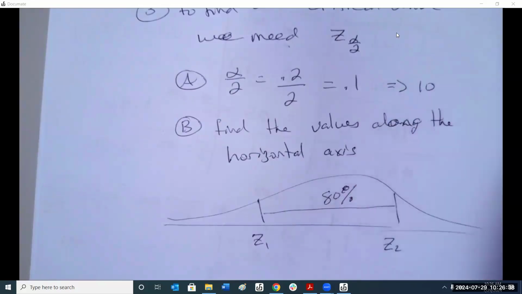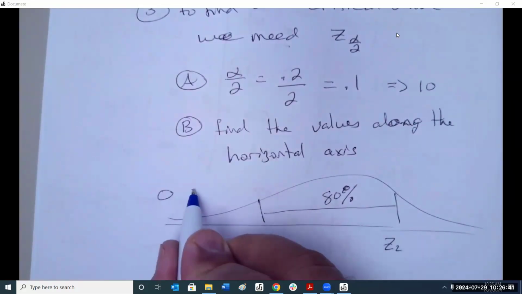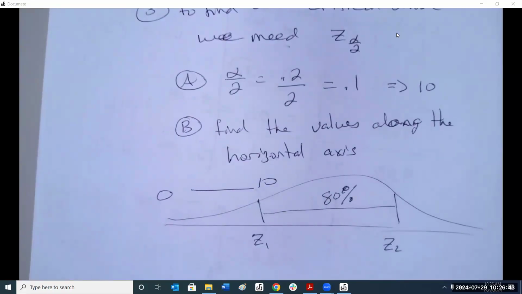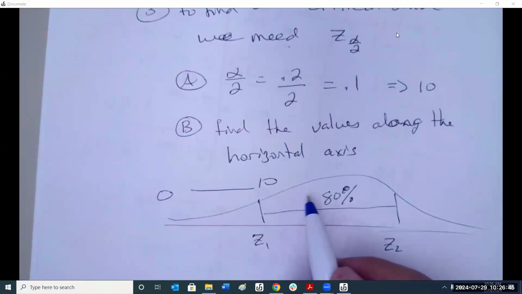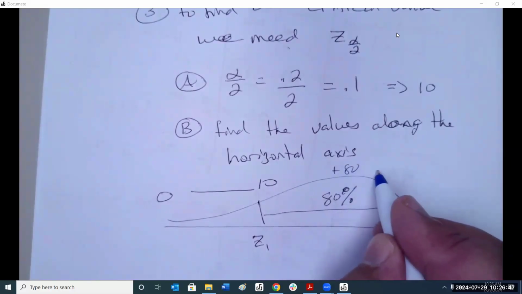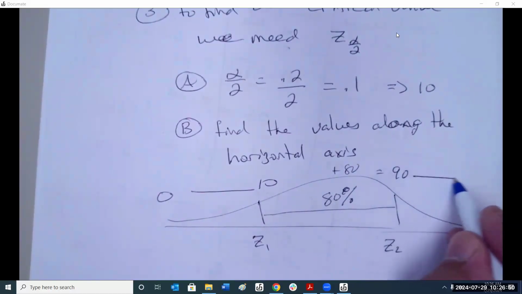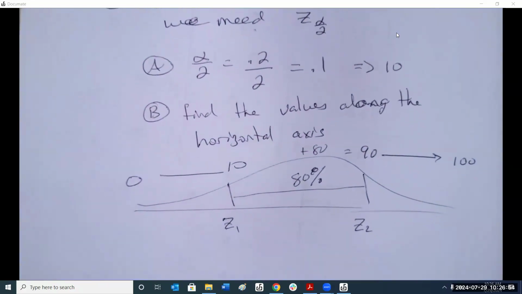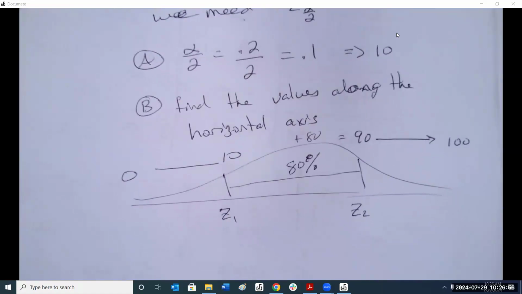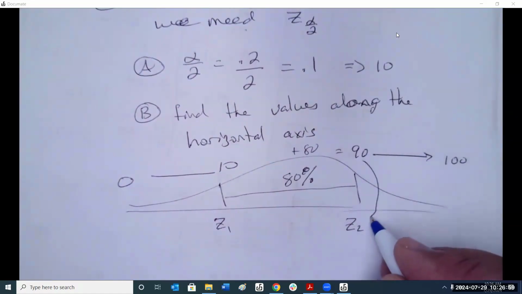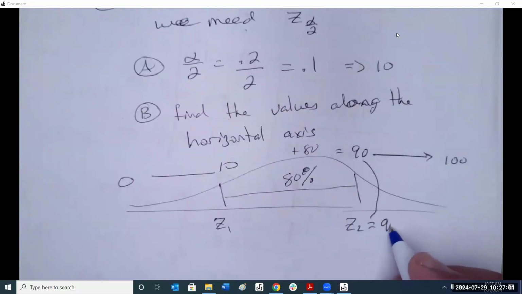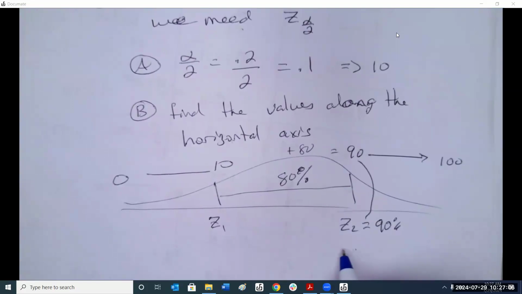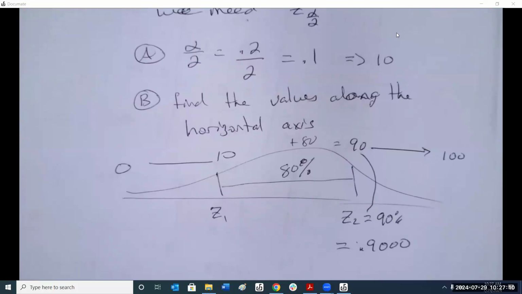Convert that to percent. So from 0 to 10 is in here, plus 80 equals 90 to 100. So we want this value here to be 90%, which becomes 0.9000.